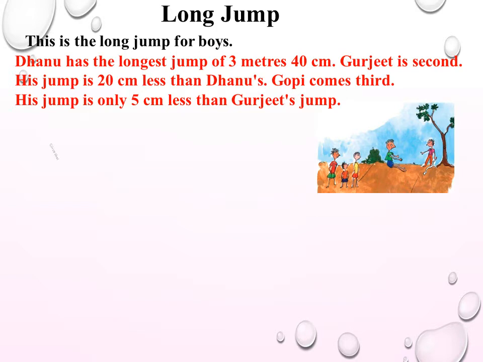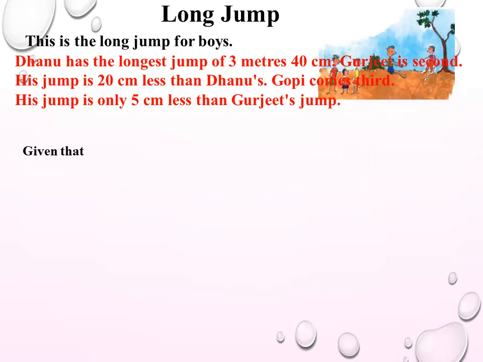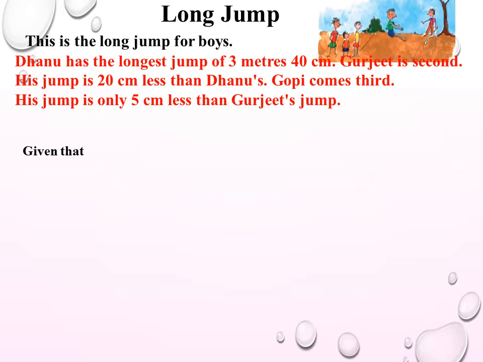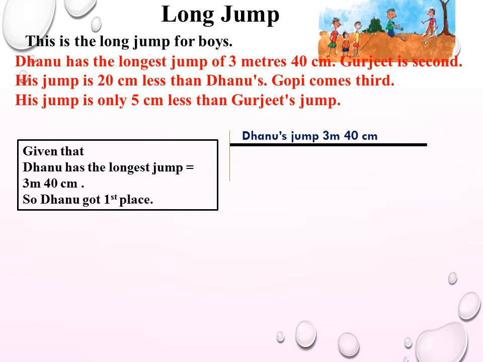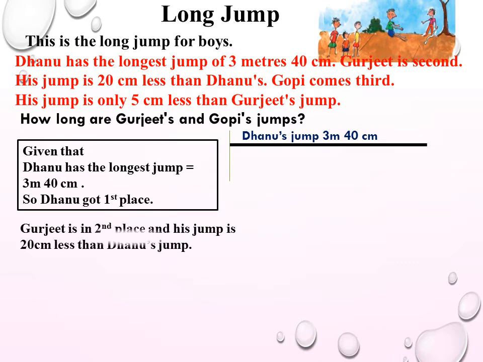Here, by observing the given data, what can we say? Dhanu has the longest jump, which means he got first place. Dhanu's jump is 3 meter 40 centimeters. Now we have to find out how long Gurjeet's and Gopi's jumps are. As given, Gurjeet is in second place and his jump is 20 centimeters less than Dhanu's jump.